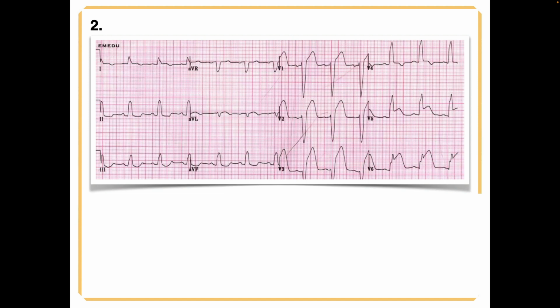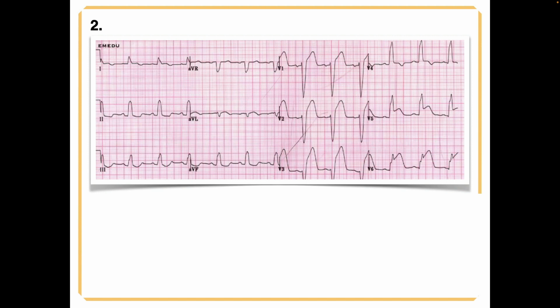So we'll look at V1, lead 1, lead 2, V4. Don't forget lead 3 and aVF. Then V4, V5, and V6, and what do you see?